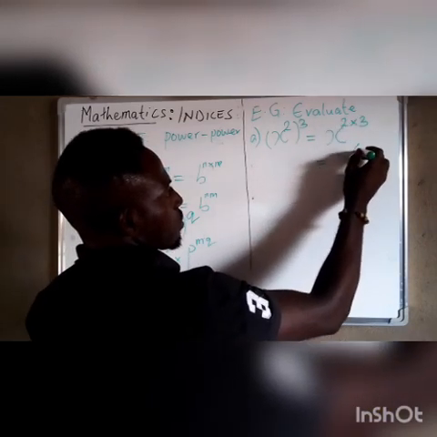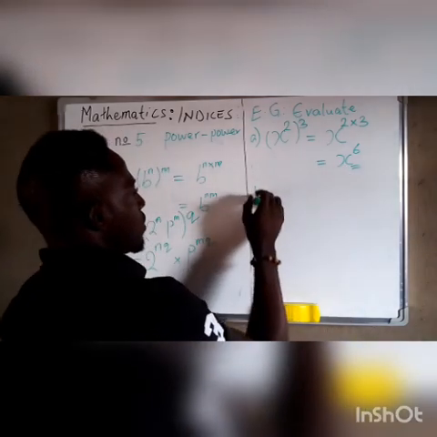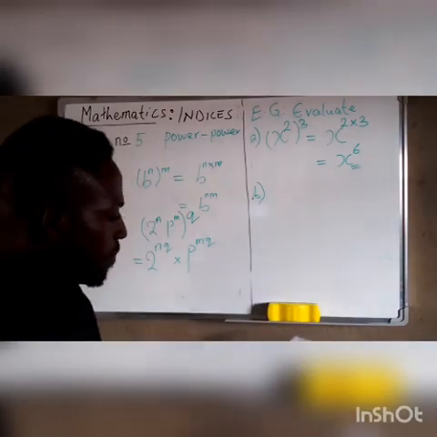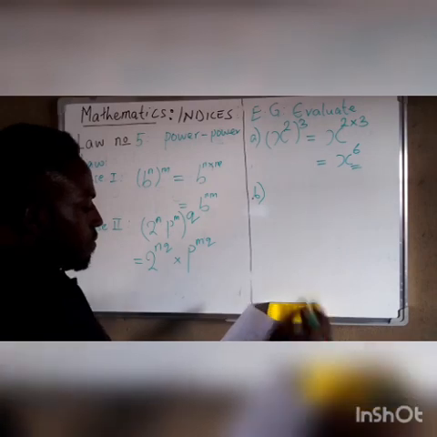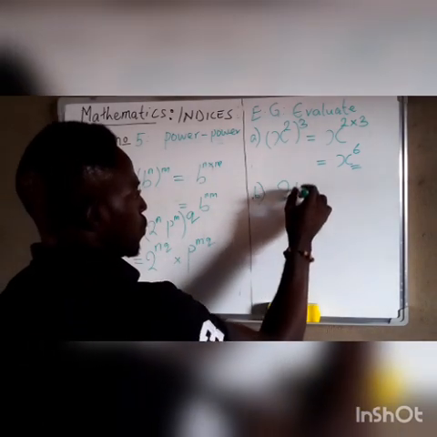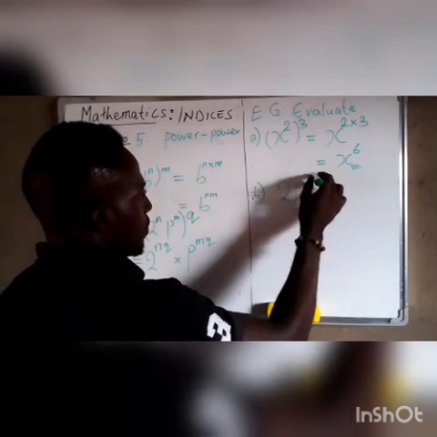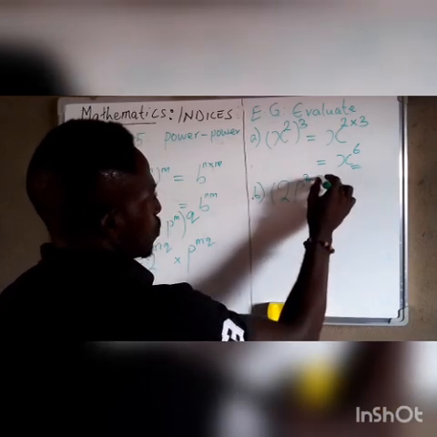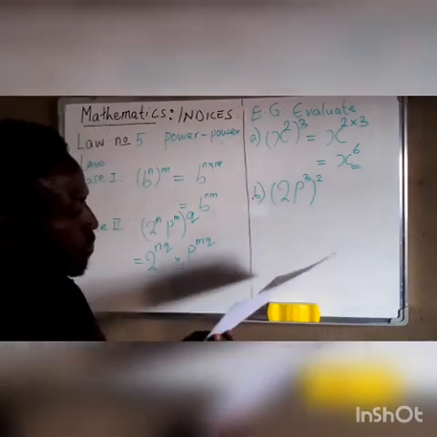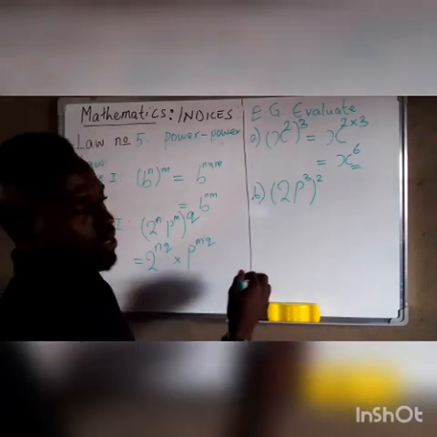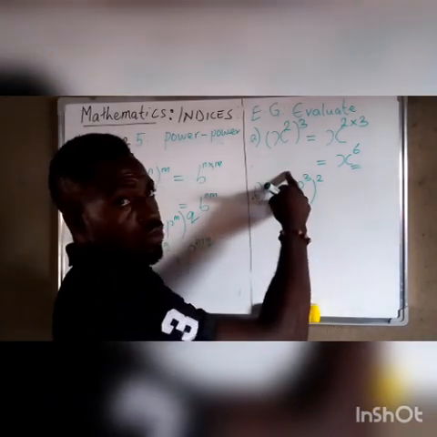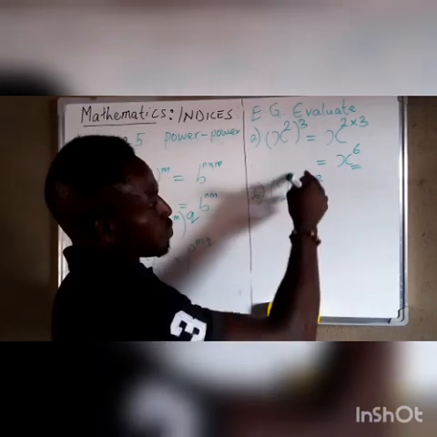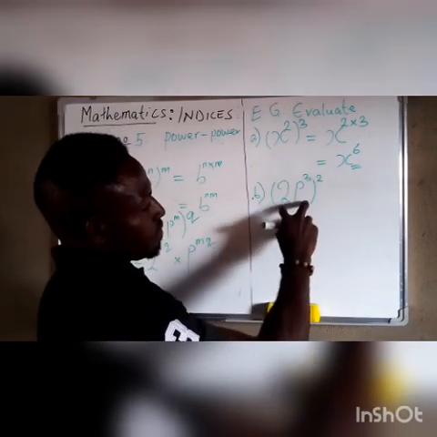So let's look at another one briefly. If we have 2p raised to the power of 3 and all of it is raised to the power of 2. You see that we have 2 members here: 2 which is raised to the power of 1, p which is raised to the power of 3, and all of this is raised to the power of 2.